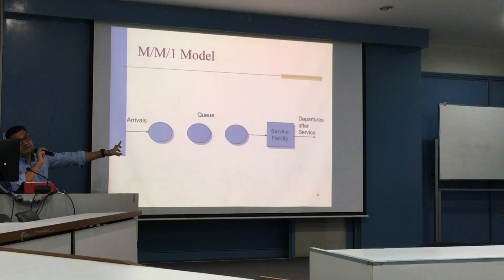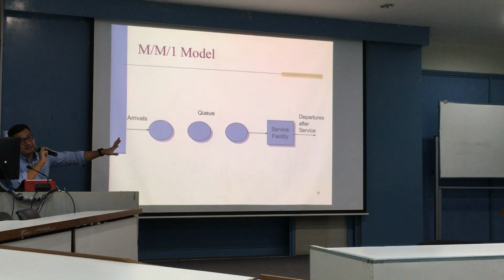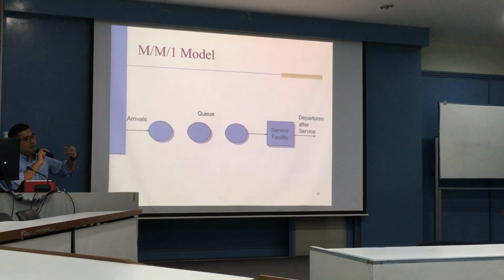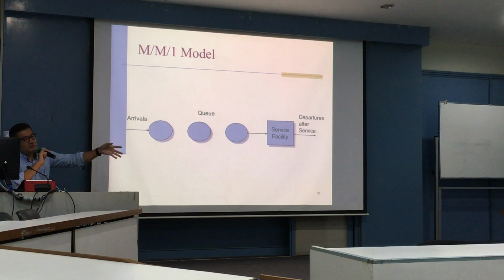Once the customer gets the service, that customer departs the system. Examples are getting a stamp from the staff, a parking lot ticket, or the ATM. They are like this M/M/1 model, because you have one single line of customers and one service provider.